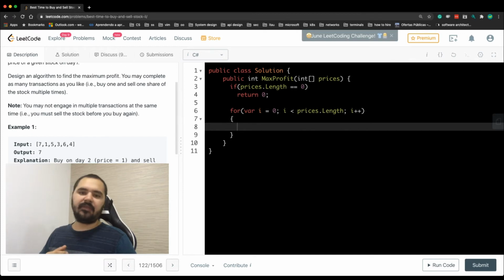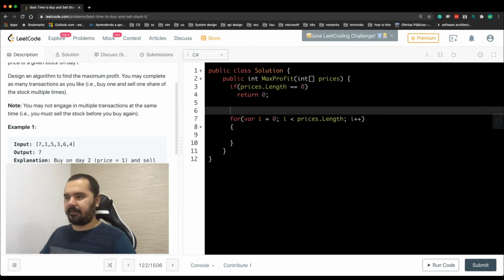So as I said before, here we have to compare the current price with tomorrow's price. And if the current price is less than tomorrow's price, we can get the difference between these two prices and add it into a max profit variable. So we can first declare this variable here.